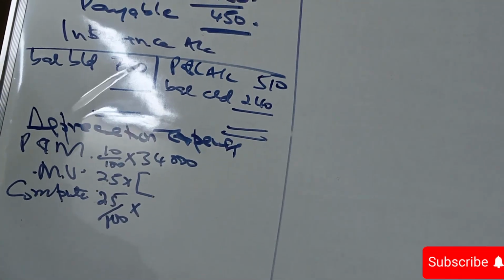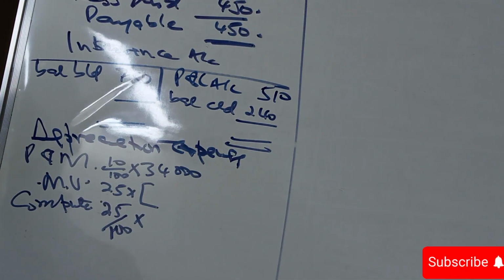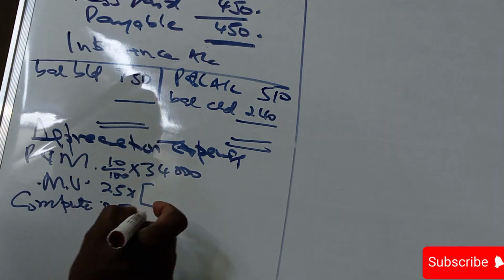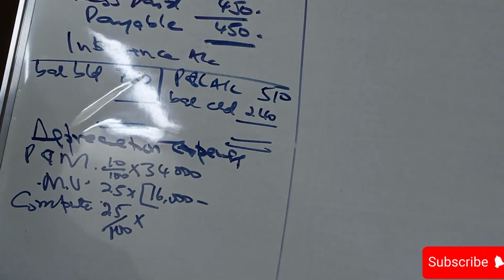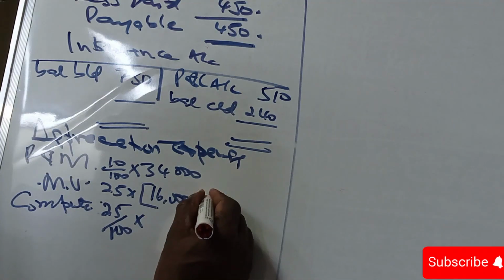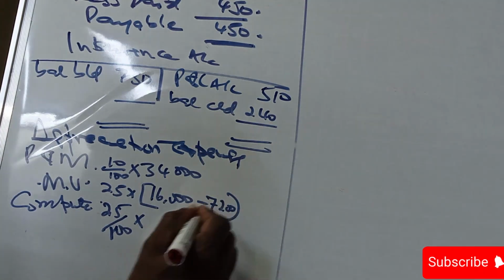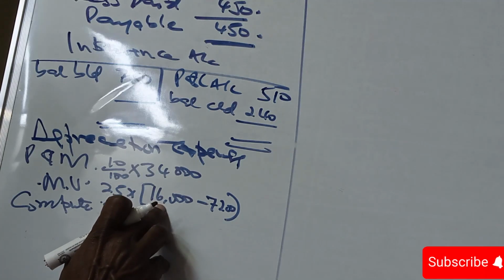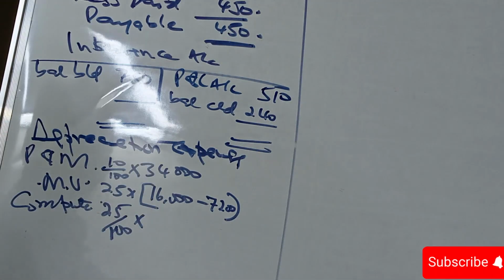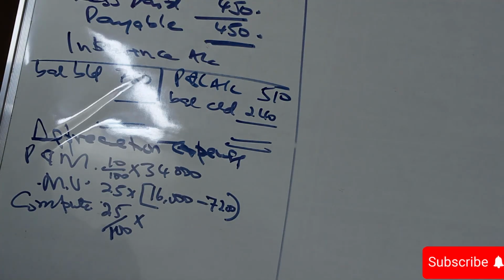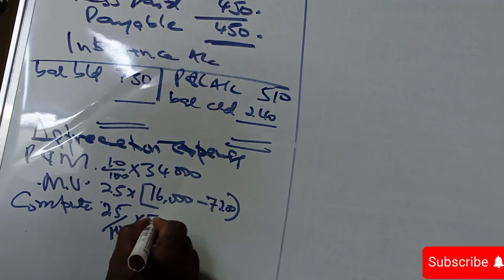For the motor vehicle, the original purchase cost is 16,000, but we subtract the accumulated depreciation at the beginning of the period, which is 7,200, to get the reduced balance. The reduced balance is the original purchase cost minus the accumulated depreciation up to the beginning of the year, which is shown in the trial balance. But the others are at cost. Computer hardware, the cost is 5,000, 25% of 5,000.